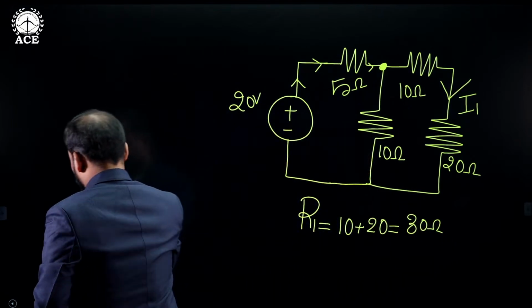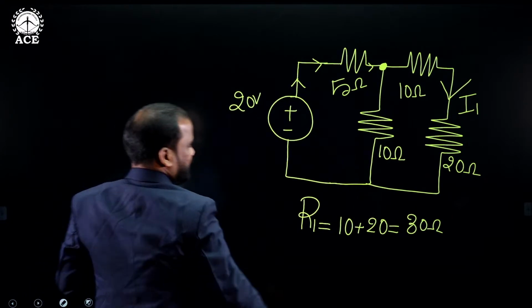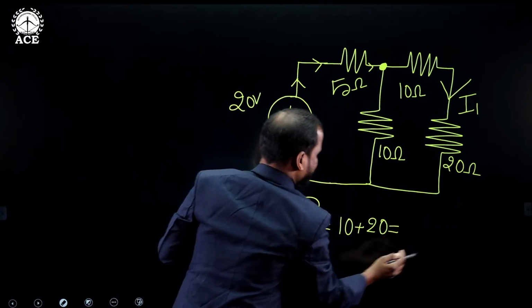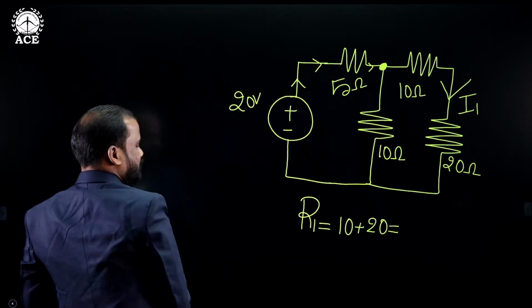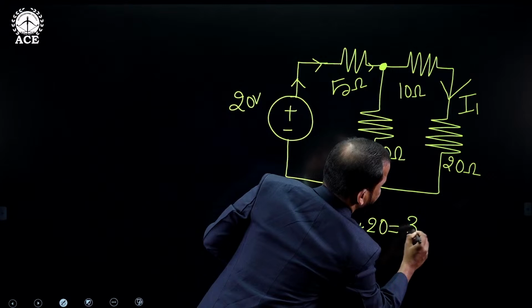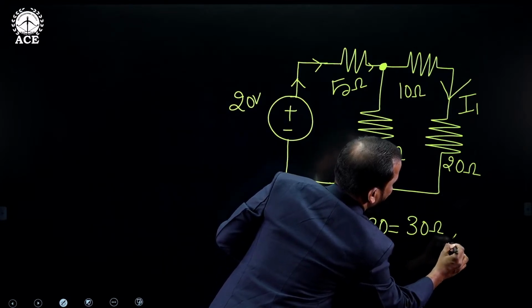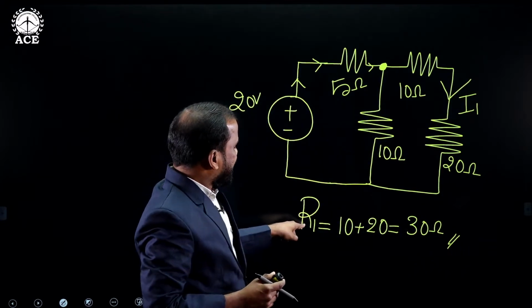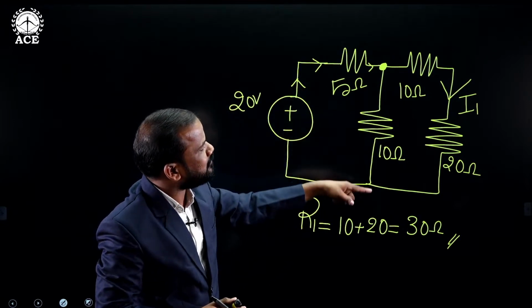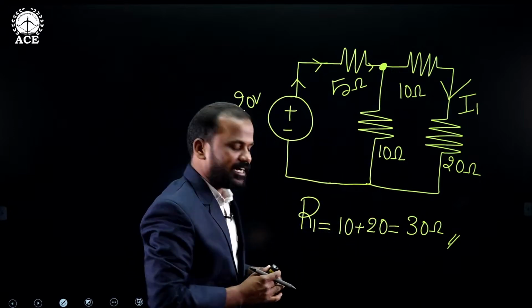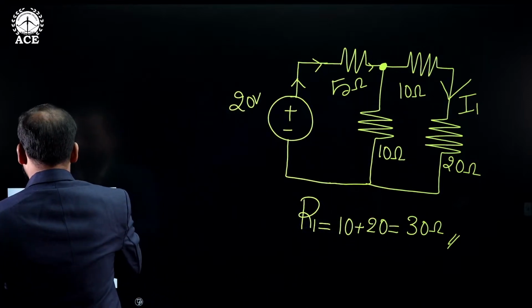Now you can directly replace the series combination with this value of 30 ohms.